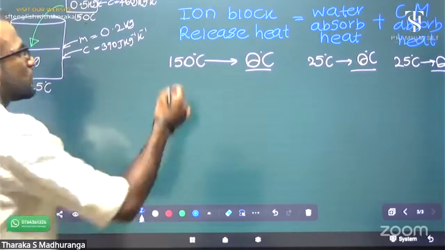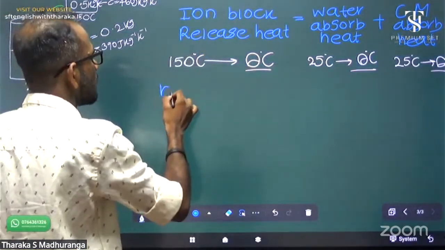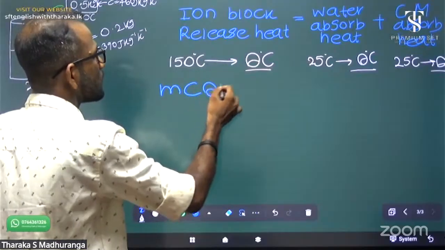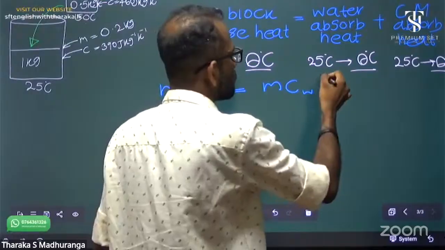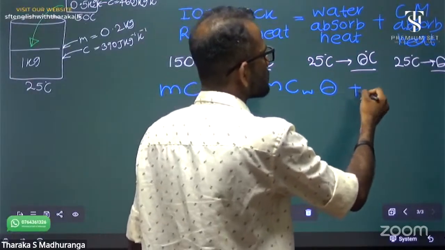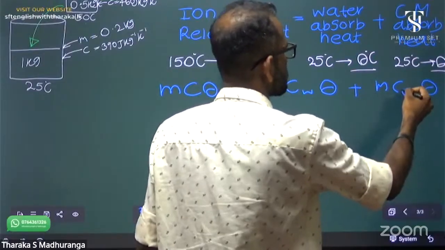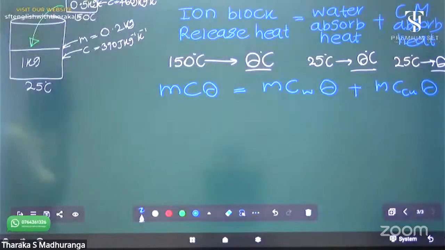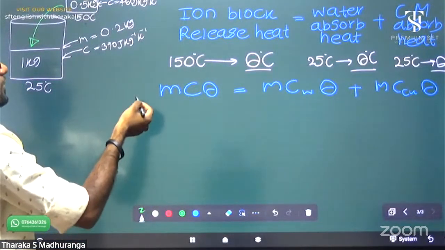Right. Now, for 150 Celsius to theta Celsius, it is mc theta equal to mcw theta plus mc copper theta, where cw means water. Now substitute values.